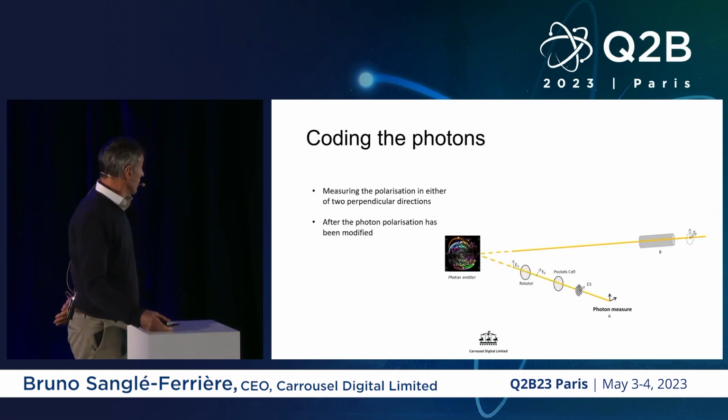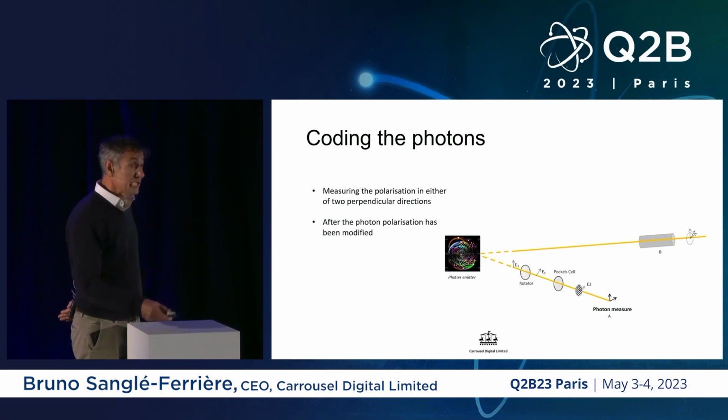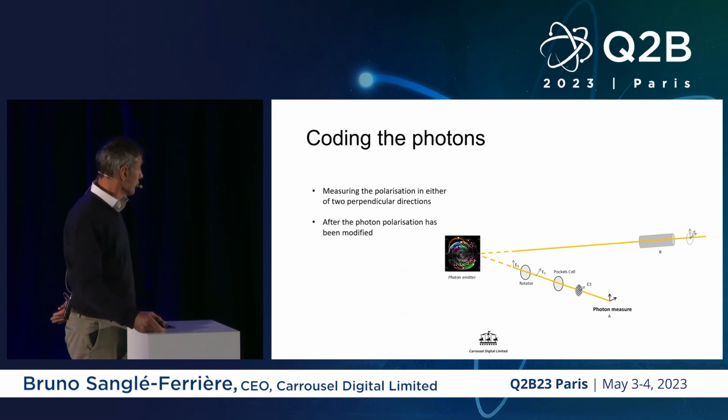Now the photon, how do we achieve this coding? Well, here is an example of how to do it. You can see the electrical field. Let's say the photon is launched linearly polarized vertical. You see E1.